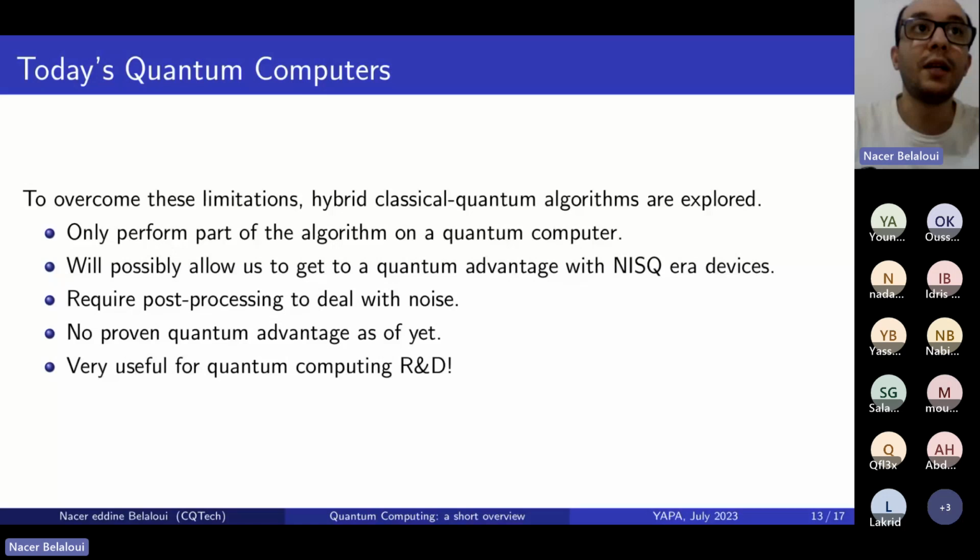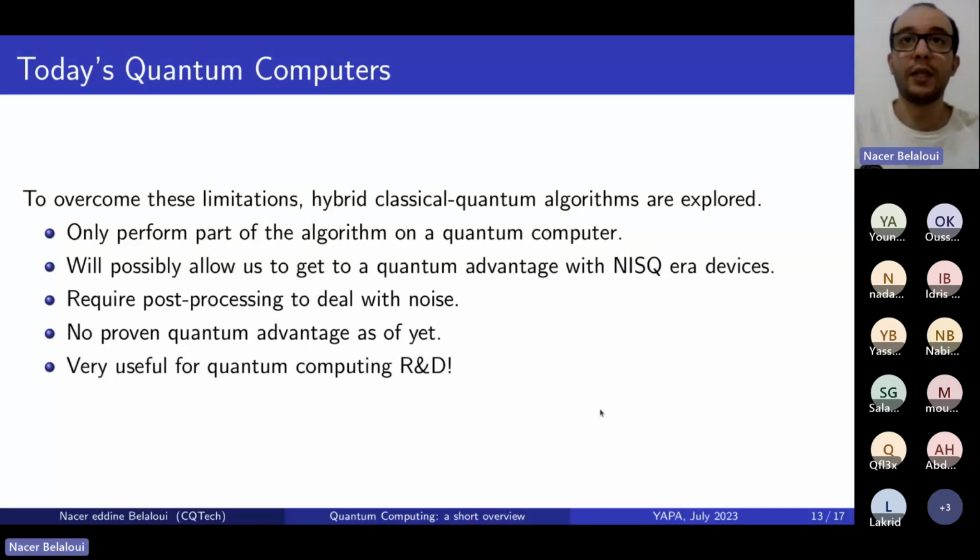We have these algorithms which are hybrid, so they are half classical, half quantum, and so they do not have to run for a long time on a quantum computer. Just some part of the algorithm is being run on a quantum device.